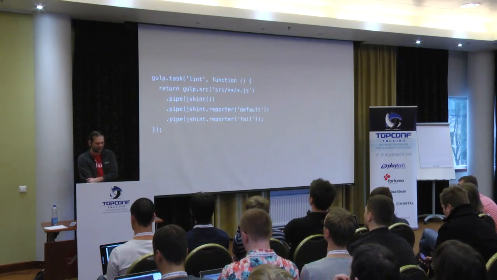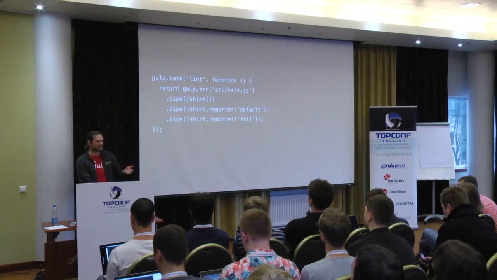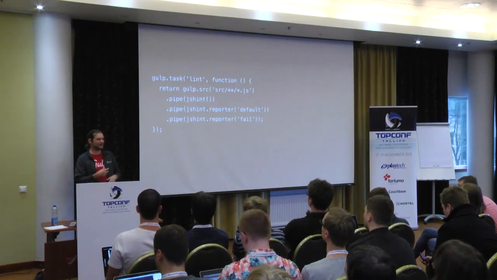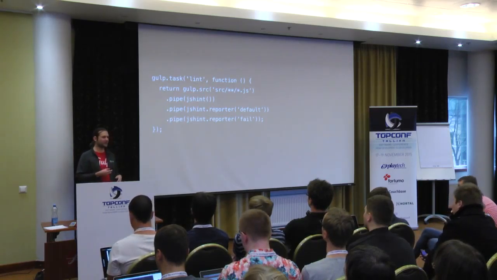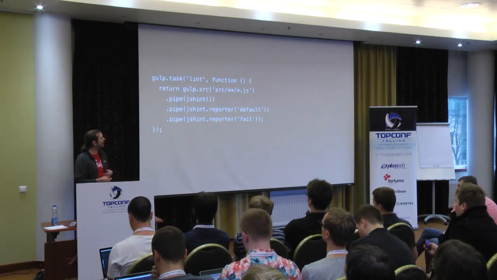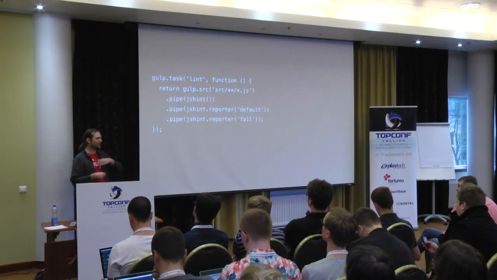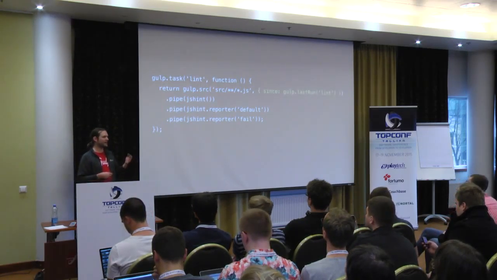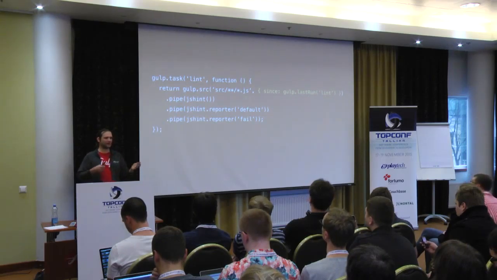With Gulp 4, there's even a better way if you just want to skim files and not add them back to the stream. That's a linting task. That's like Aurelia did before. It just checks if our JavaScript code is of good quality. And we don't want to hint all the files again and again. So with Gulp 4, we just can add a parameter that's called since. And it takes a timestamp, maybe the timestamp of the last run of this very task.